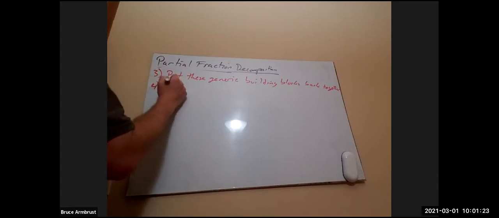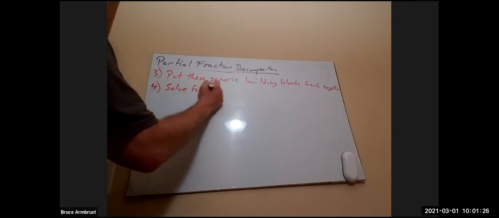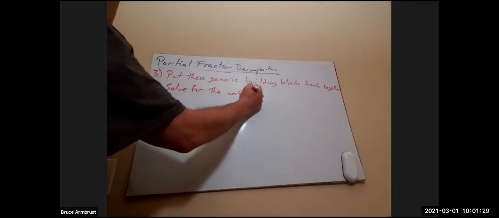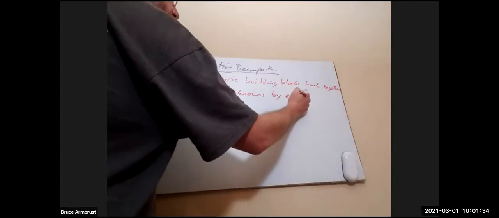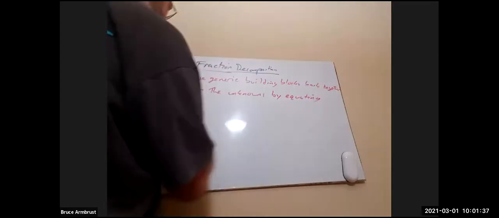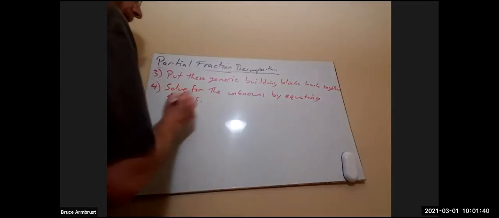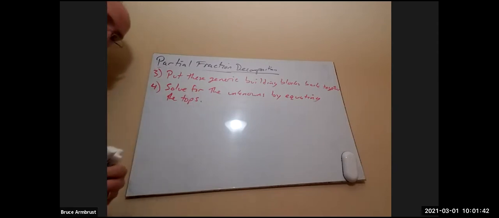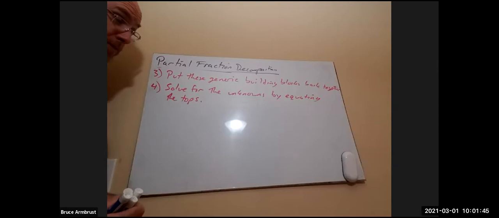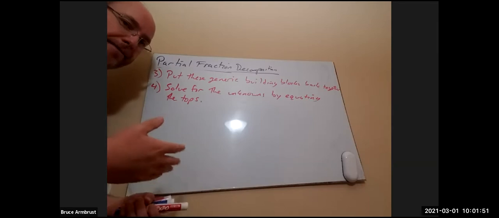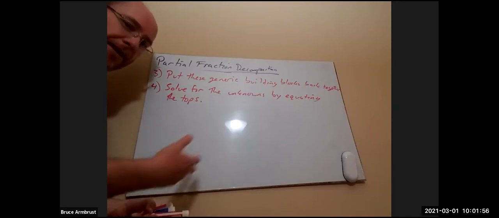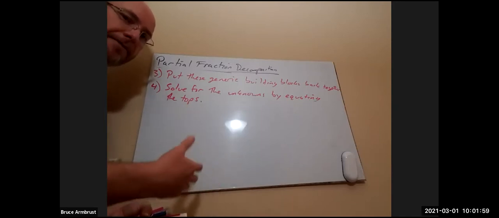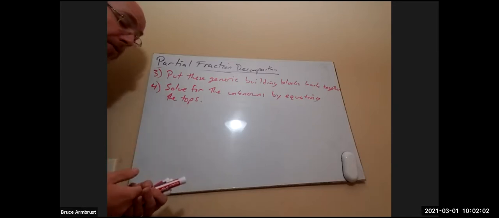And then at this point, you're going to solve for the unknowns by equating the tops. So you take the tops of the original and the one that we pieced together, and you set them equal. That was when I had 3x plus 4x plus 7 equals a times x minus 1 squared plus b times x minus 1, right? That was taking those tops and equating them.